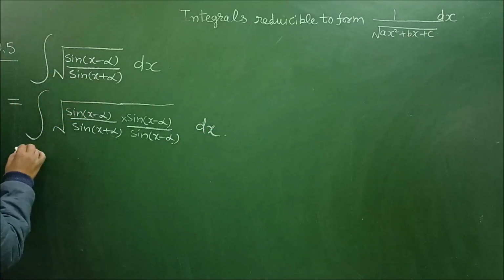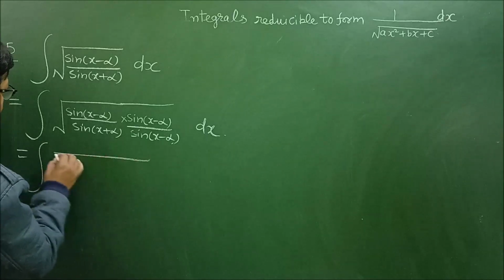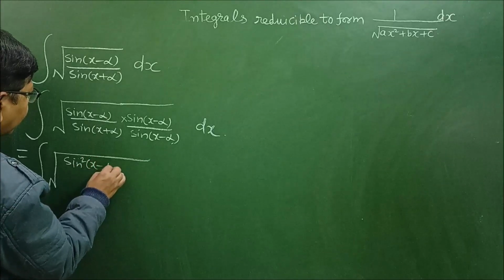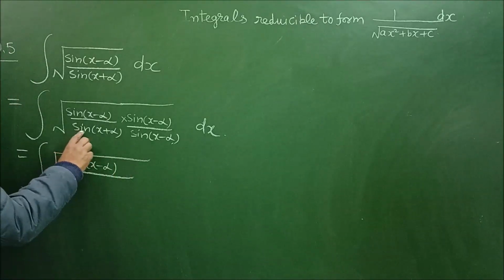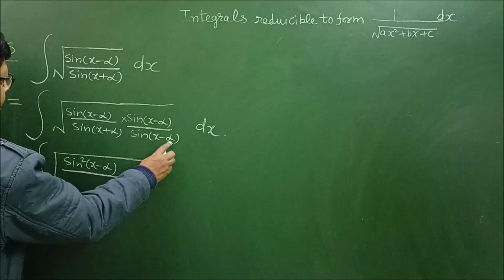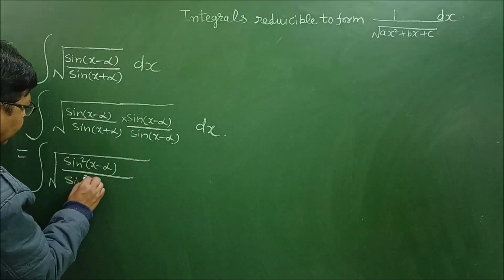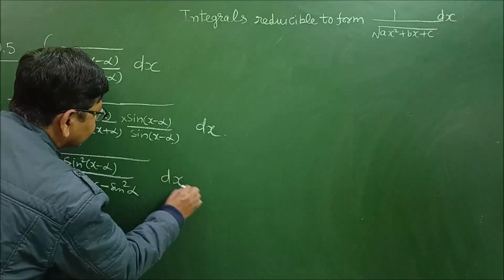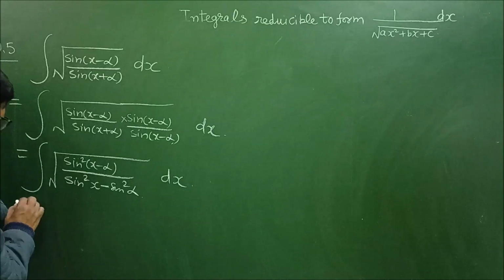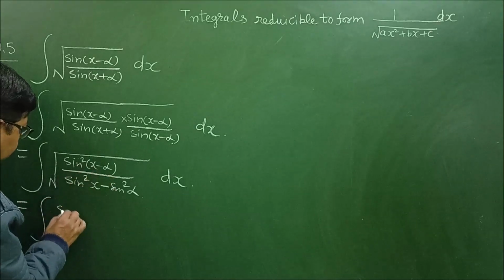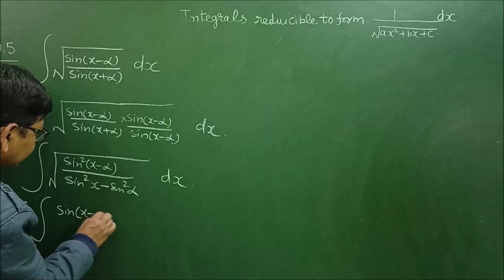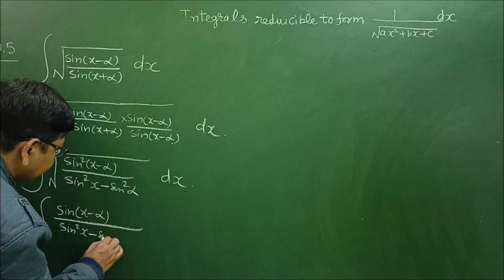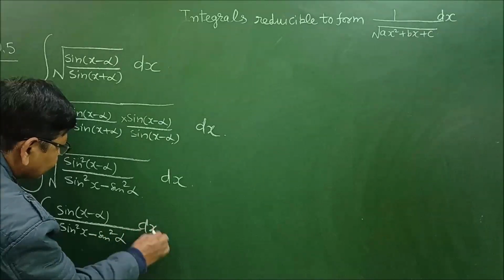So this is equal to integral of under root of sin²(x − α) upon, using the formula sin(a + b) into sin(a − b) is equal to sin²a − sin²b, that is sin²x − sin²α dx. So this is equal to integral of, because of the square root, the square sign will be removed here, sin(x − α) upon under root sin²x − sin²α dx.